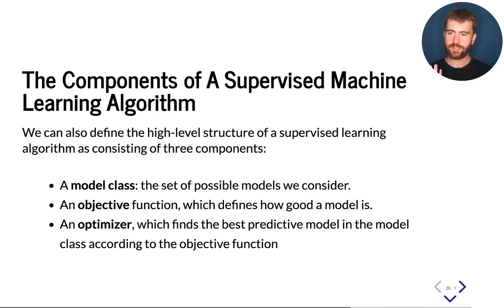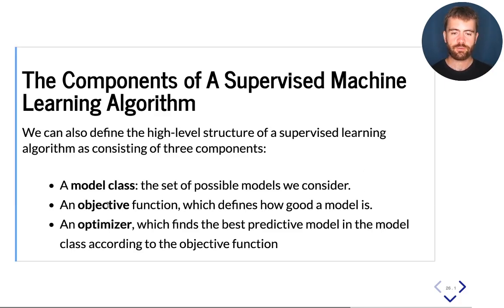Then, given a data set, we want to be able to represent our knowledge about some models being better than others. Intuitively, if a particular model within our model class fits the data set well, then it's a good model. And in order to define what it means to fit the data set well, we use an objective function, which defines the extent to which a model is a good fit for a particular data set.